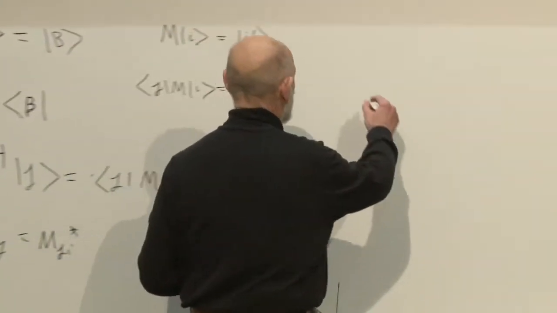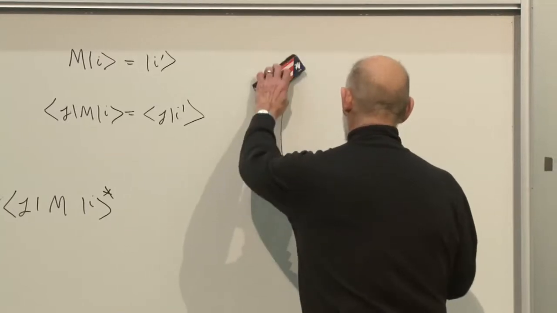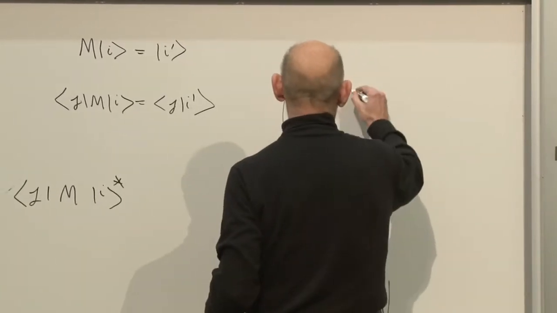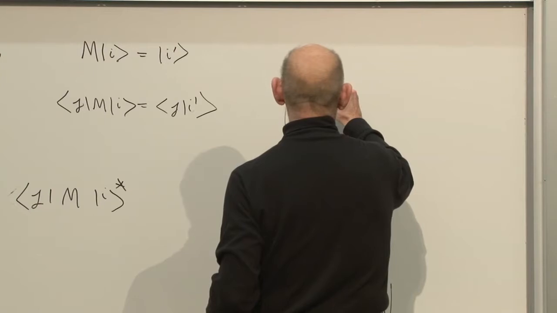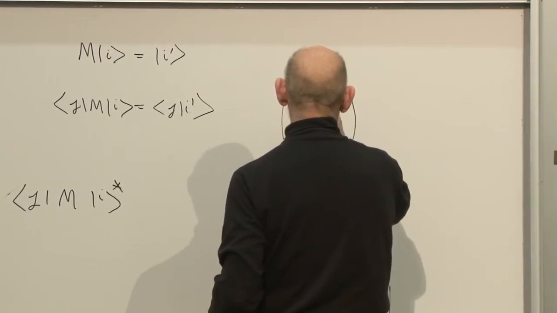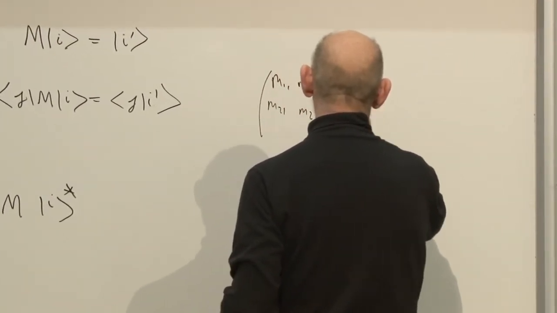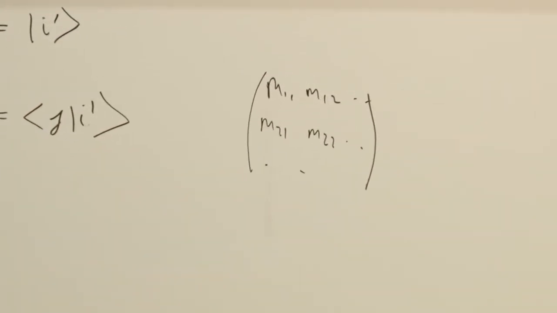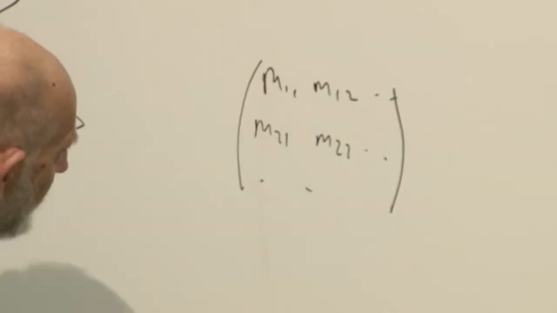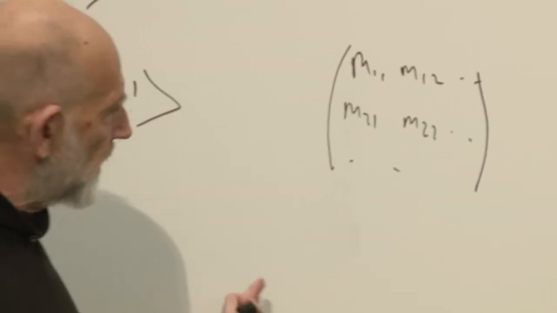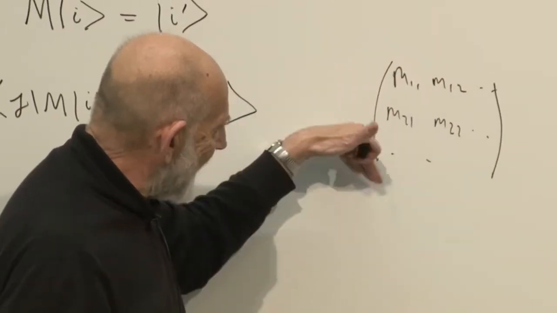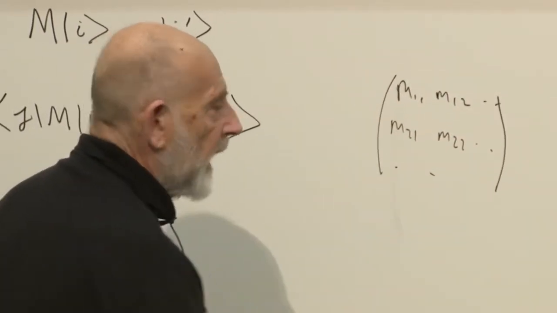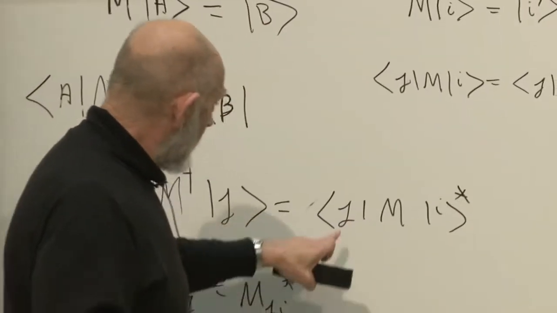In terms of matrices, this is an easy way to remember it. Say I have a matrix M11, M12, dot, dot, dot, M21, M22. If that's the matrix representing M, then the matrix representing its Hermitian conjugate is to simply interchange rows and columns. That means reflecting it about the diagonal and then complex conjugating.